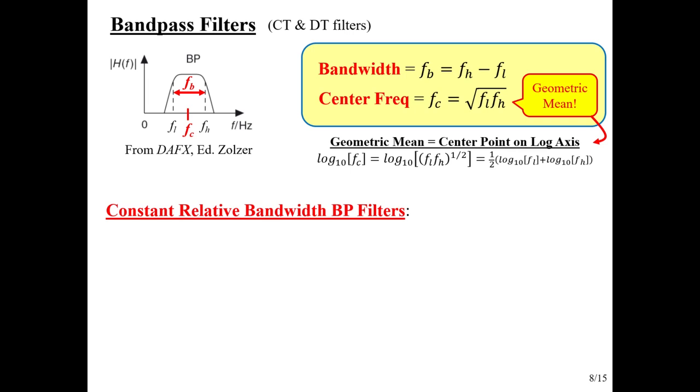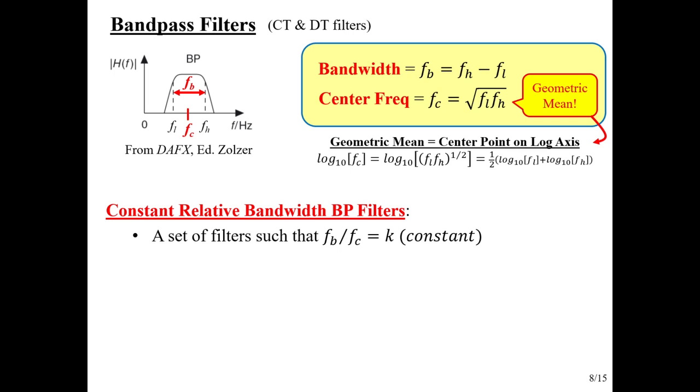And then that leads us to talking about constant relative bandwidth bandpass filters. So here's the idea. Suppose we have a set of filters, and I guess I should have put some subscripts on here to show that we're talking about each filter in this set of filters, but I didn't do that. It just gets cumbersome to do all that.